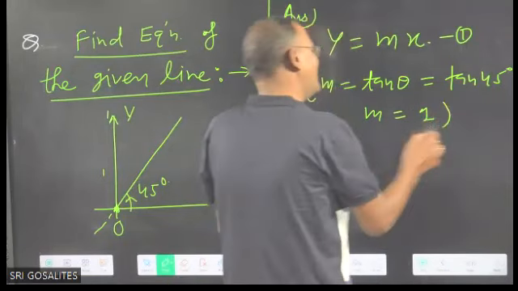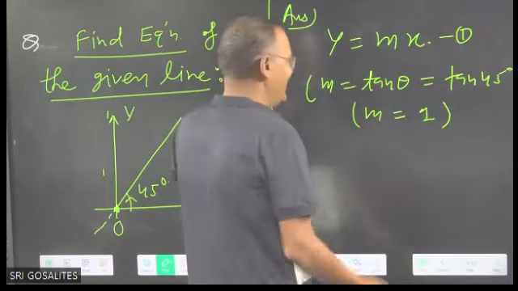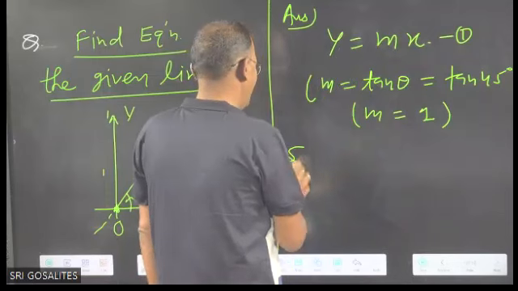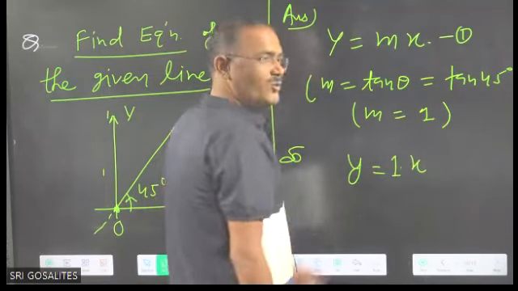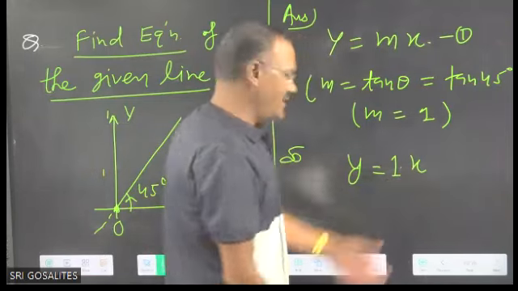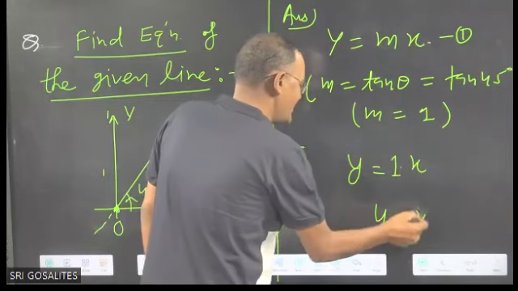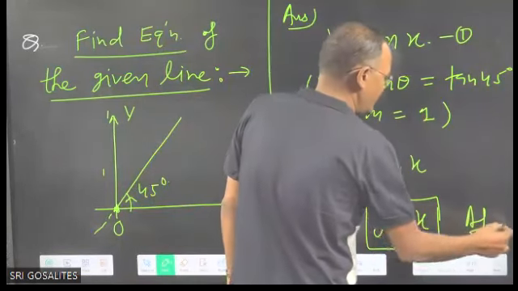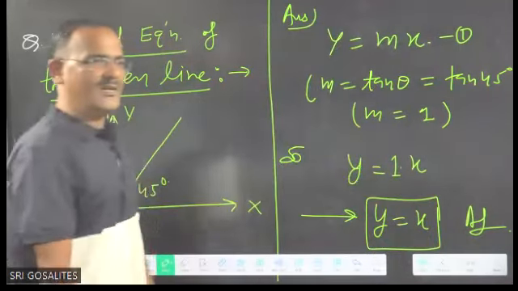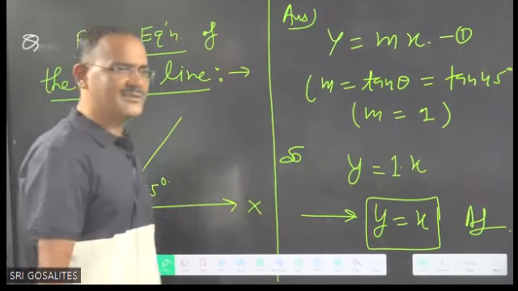Okay, and in the coming days also it will be 1. So m is 1. So what's the equation? 1 into x, 1x is x, y equal to x. This is the equation of this line. Any problem to any child? Then text me.